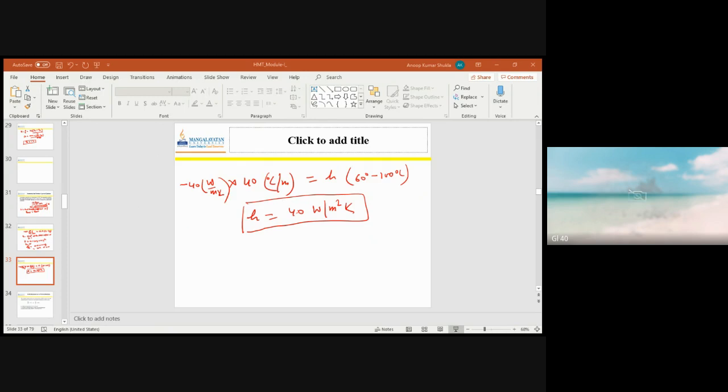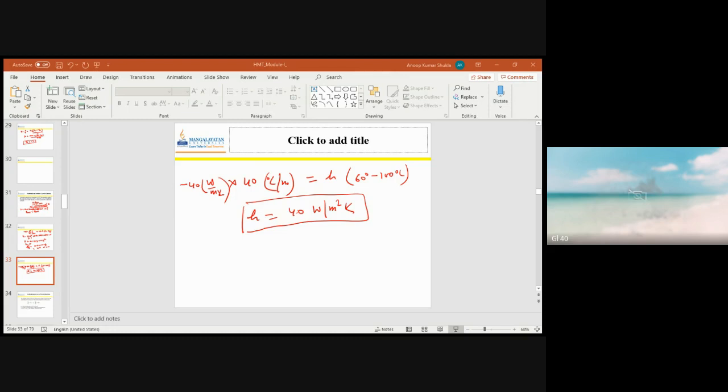And now, combined convective and radiative heat transfer. Sometimes in many of the engineering applications, we can see like a boiler, when the surface temperature is much higher, and the heat transfer from the surface may take place simultaneously by the convection and radiation to the surrounding.